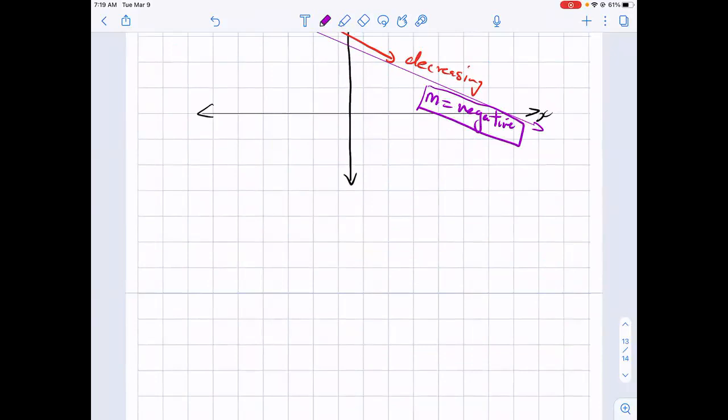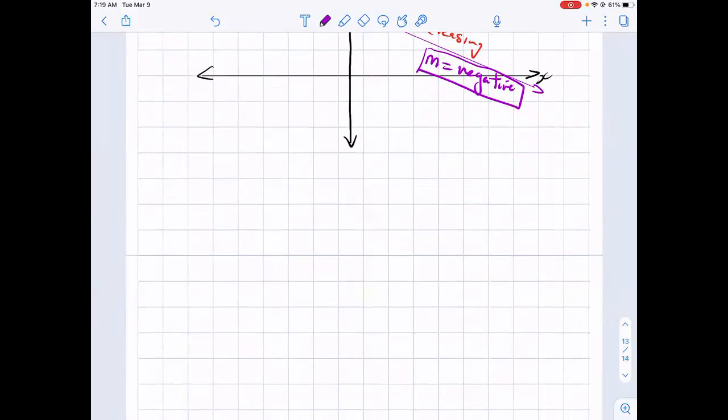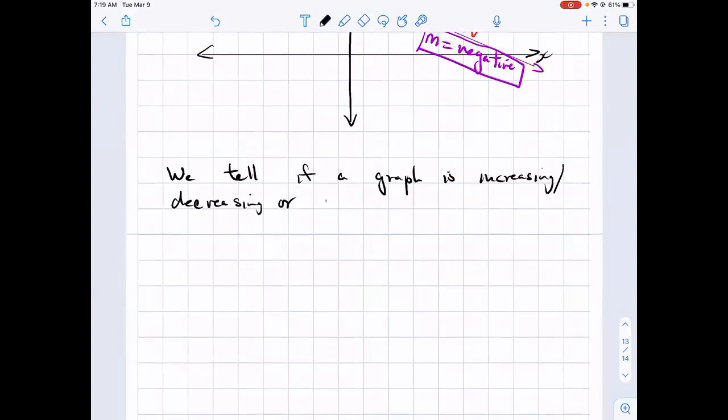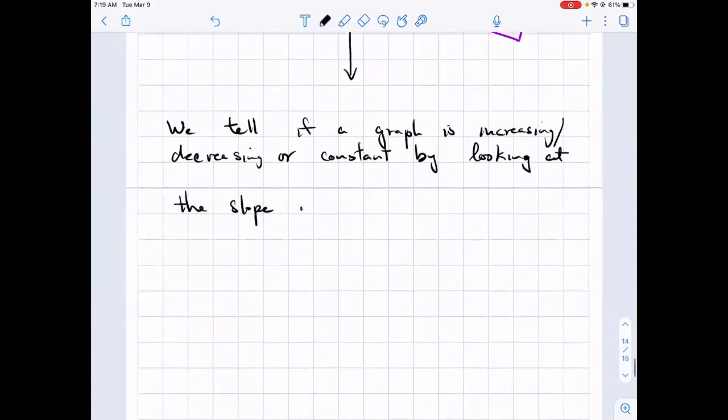So by looking at the slope at any given point, we can tell if that portion of the graph is increasing, decreasing, or constant by looking at the slope of the graph at any given x value.